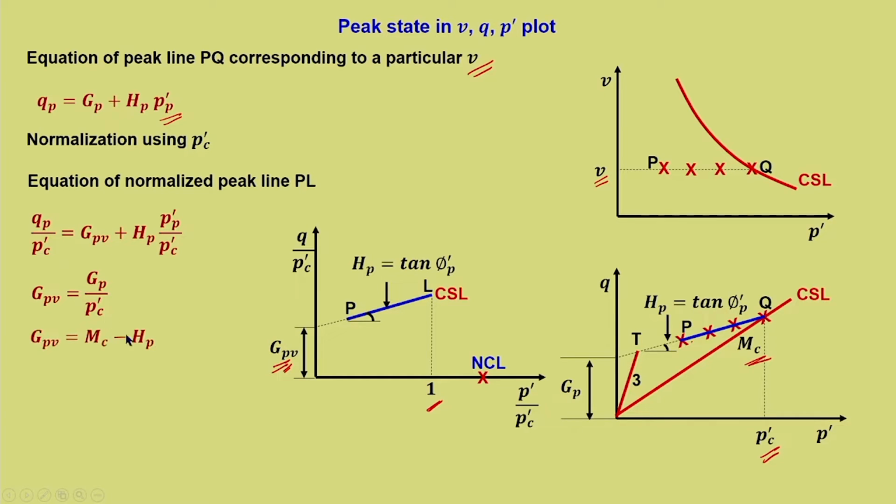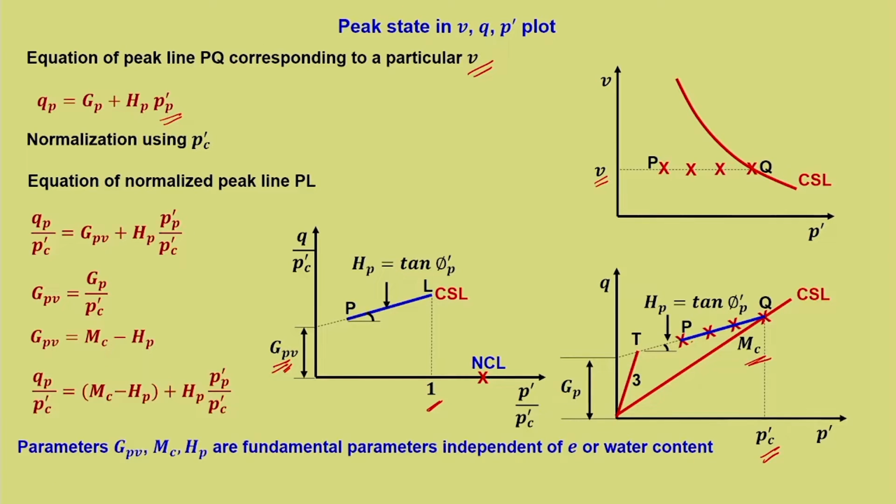and this GPV is equal to GP upon P dash C. GPV can also be written as MC minus HP, where MC is the slope of this particular line, and here this distance, as we have done in the previous case, will be MC minus HP.